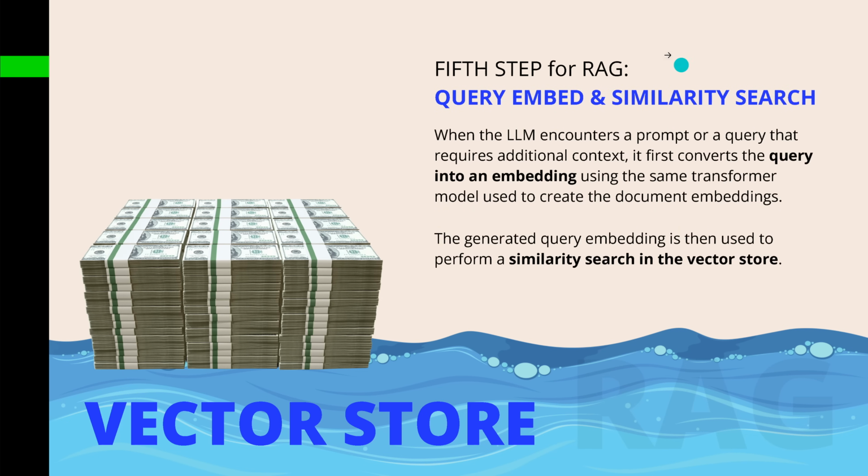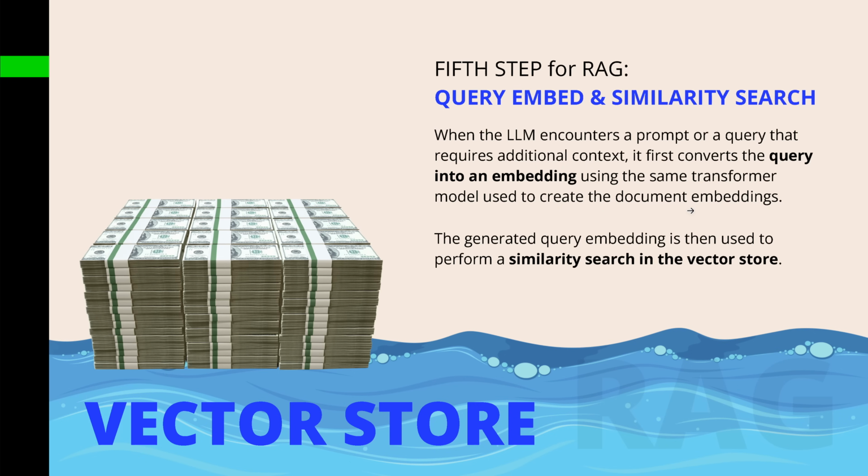Now, what is the fifth step for RAG? This is easy, no? We have now the query embedding here and the actual similarity search. So when the LLM encounters here my prompt or my query, where the LLM decides, hey, I need additional context to answer this, it first converts the query into an embedding, a vector representation, using the same transformer model used to create the document embedding.